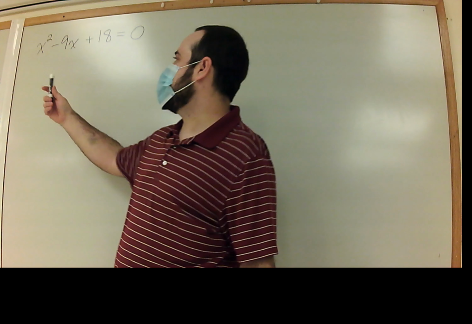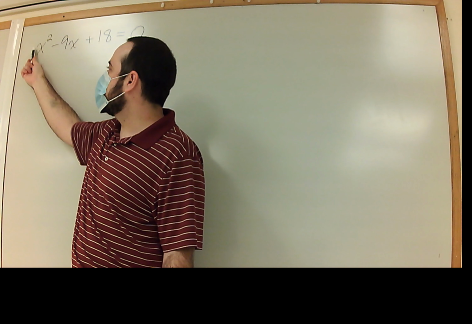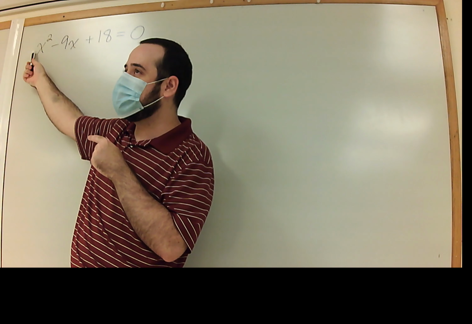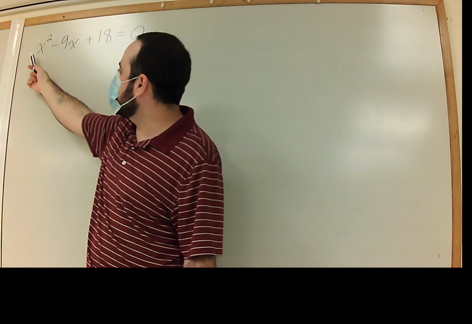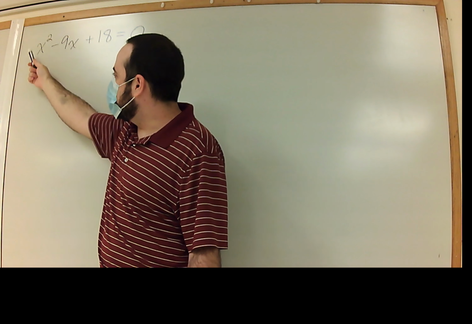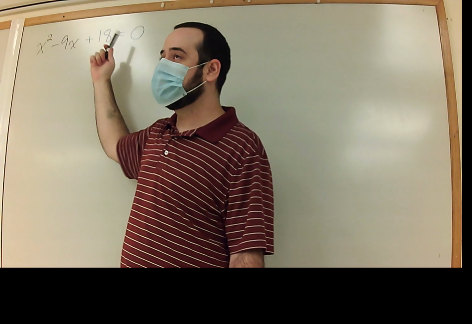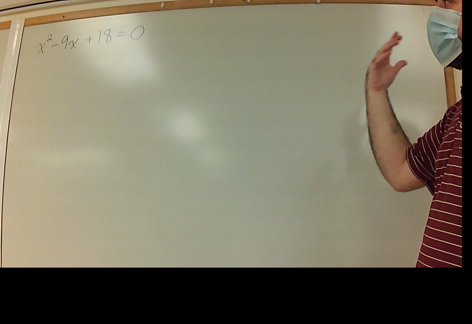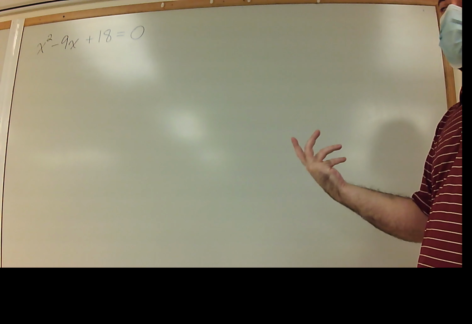This one's kind of a special case because our leading coefficient out here is a 1. So that makes it a little bit easier. And if it's not a 1, you would multiply the first term and the last term together. And since that's a 1, we're just multiplying by 1 and we get 18.